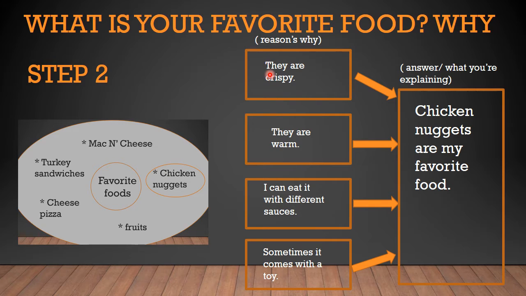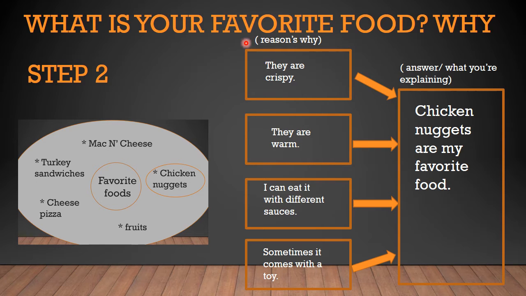Then all these small boxes are leading into this larger rectangle. So I have this rectangle, and above the title for what these rectangles are for, which are my reasons why.